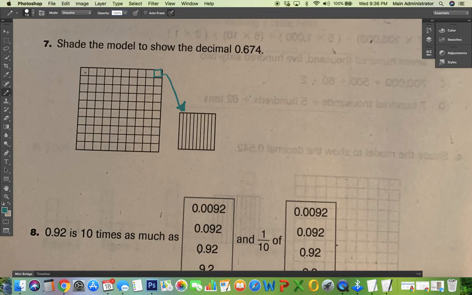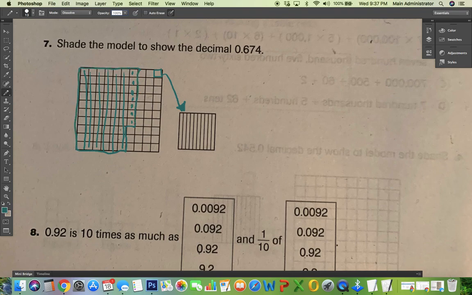So I know that this is 10, 20, 30, 40, 50, 60, 61, 62, 63, 64, 65, 66, 67. So I know I'm going to shade that for the 67.